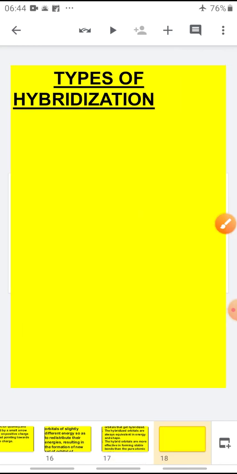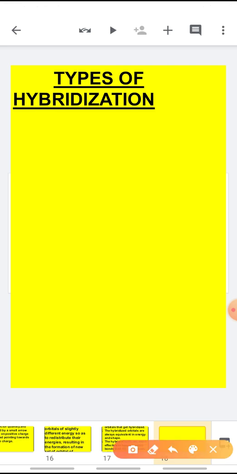Now coming to the types of hybridization. Children, depending upon the orbitals that are involved in the process of hybridization, it is of many types. I am starting with the basic one, the first one, sp hybridization. Now what is sp hybridization?